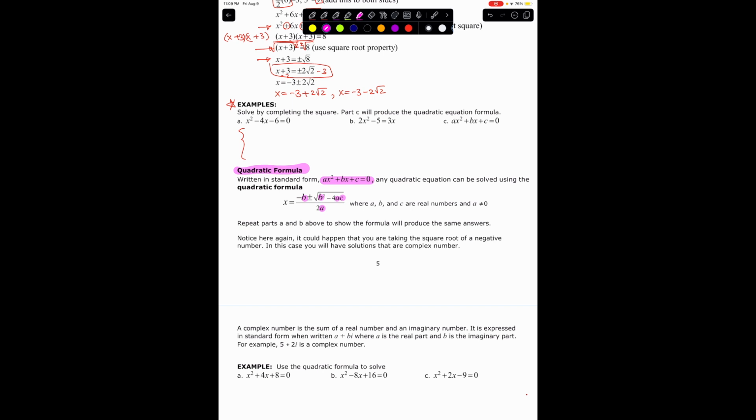So the quadratic formula is negative b plus or minus square root of b squared minus 4ac over 2a, where a, b, and c are real numbers and a is not equal to 0 because we cannot divide by 0. And if a is 0, it's no longer quadratic. The positive and negative is similar to what we got before when we get a positive answer and a negative answer. All you need to do is just know how to substitute.